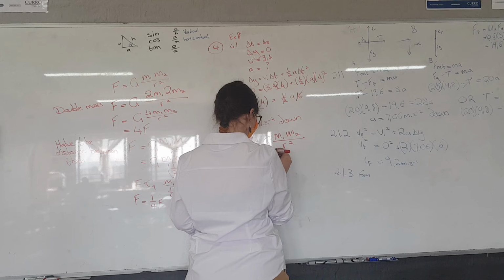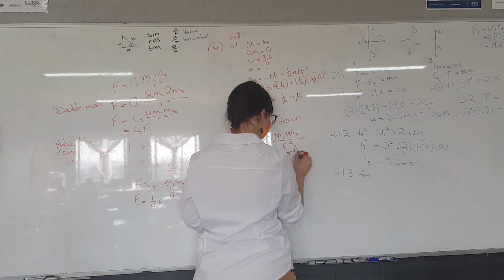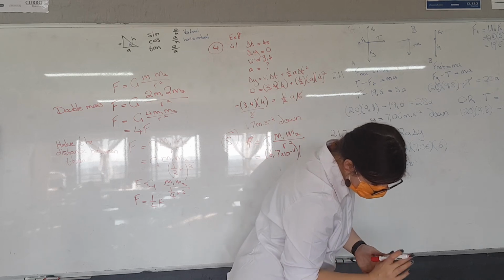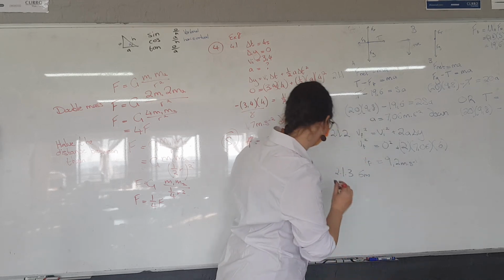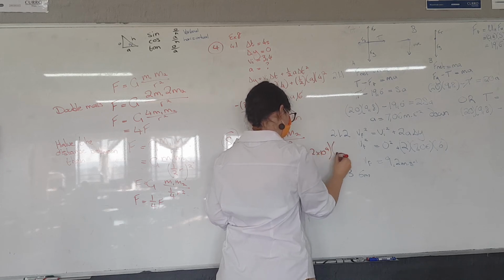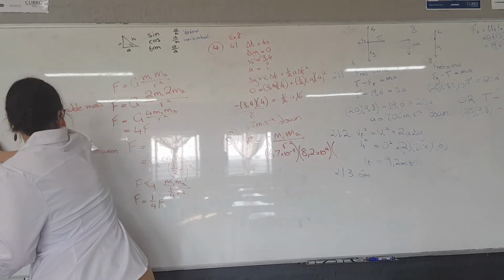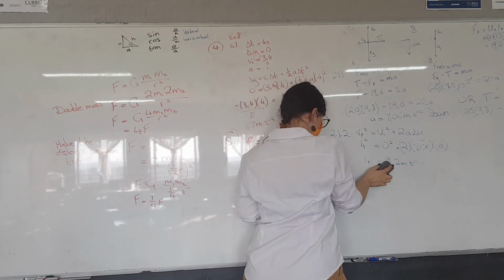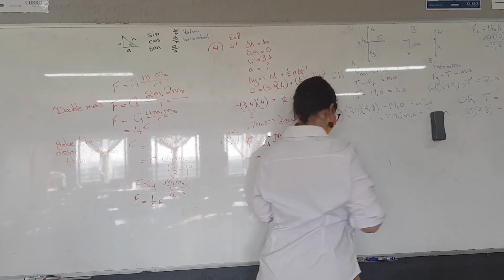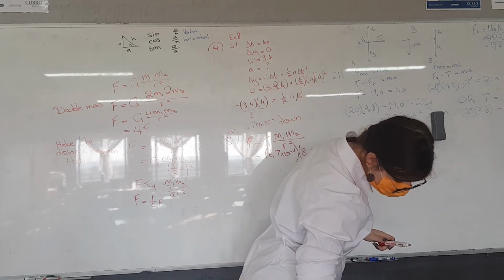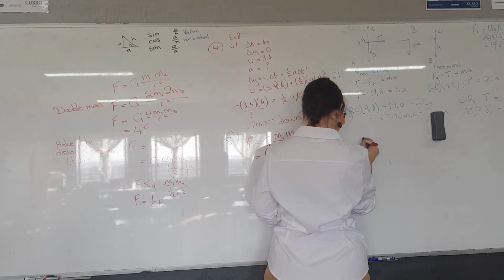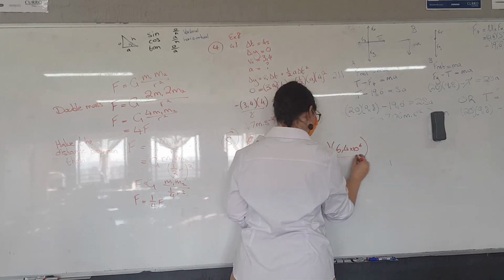Then mass 1 is 8.2 times 10 to the 4. My mass 2 is 6.4 times 10 to the 6. Alright, so that's divided by my r squared.